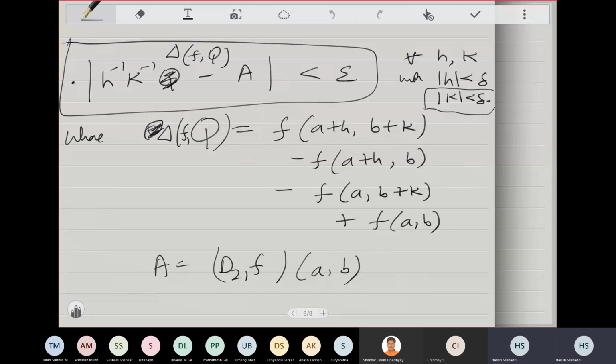Okay, so for simplicity, it doesn't really matter, let's assume h and k are positive.